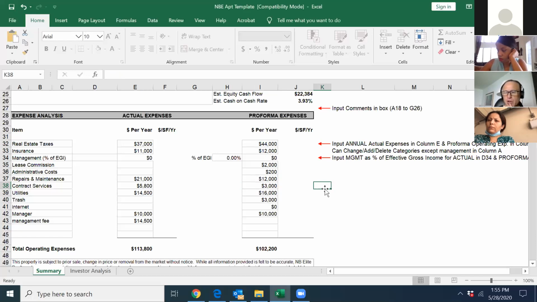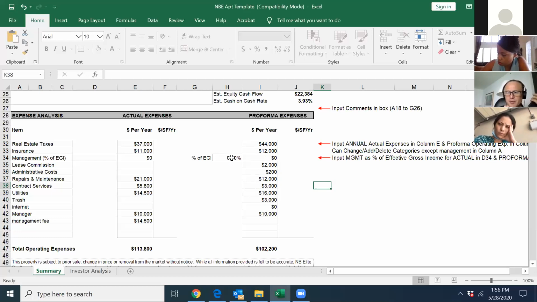Let me do it again. I just want to give you a rule of thumb. 3,000 divided by 20, so I would say about $150 per unit per year on average. Do you understand me?